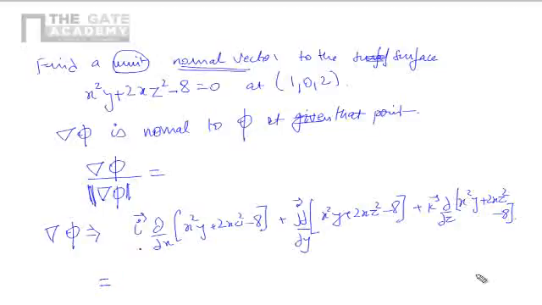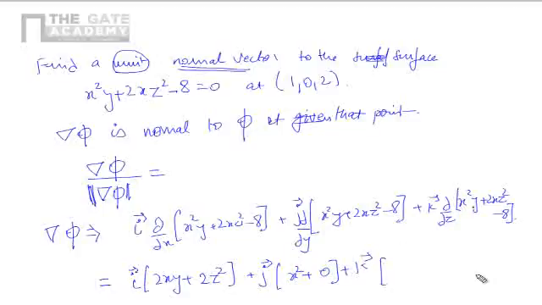We will get i vector times 2xy plus 2z square, plus j vector times, here x and z are constant, so we get x square, plus 0 because there is no y term here, plus k vector times dou by dou z of x square y will give you 0 because there are no z terms, and 2xz square will give me 4xz. That's it. This is the value of del phi.